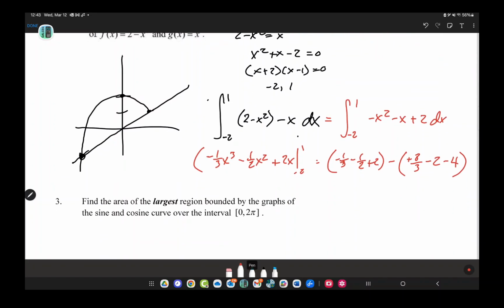So this will simplify to negative 5/6 plus 2, so that is 7/6, minus this would be negative 6 plus 8/3, so negative 10/3. So that's going to become 27 over 6, which can reduce by 3, right? 9 over 2.